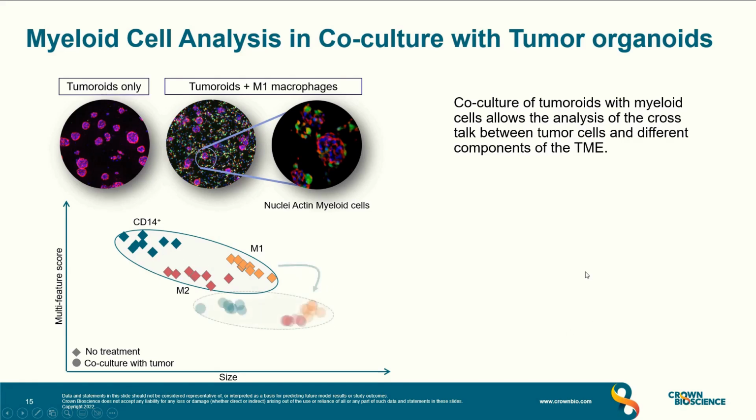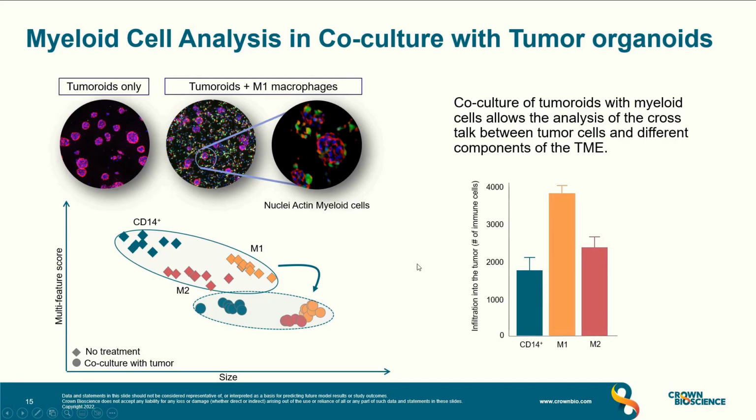When we start adding tumor cells, we see that the CD14 positive monocyte population is shifting to a more M2-like state, and that the M2 and M1-like states are moving to a more general in-between state between M1 and M2. So by just adding the different cells together, we can already start modulating the polarization state of these cultures.